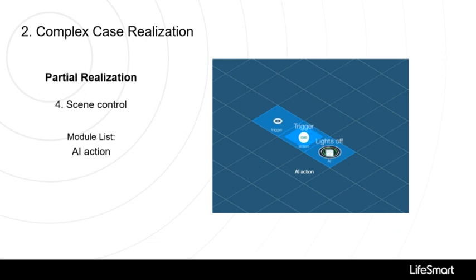And the device action block is used to trigger some complicated actions of devices, for example, to trigger the PTZ of the camera, or to trigger the IR remote control commands of an IR remote. And the AI action is used to trigger the AI or a scene.